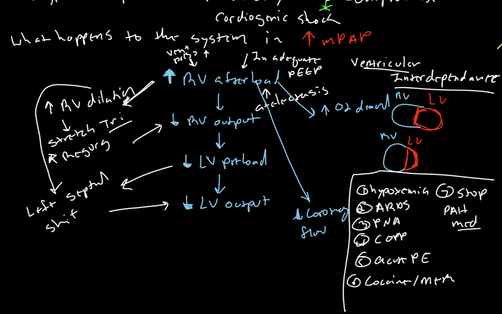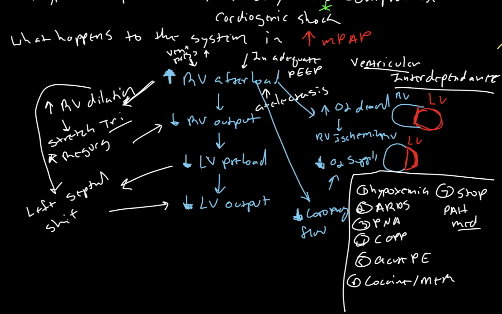So if we decrease our coronary flow, sorry, this is getting messy, coronary flow, and we have an increase in oxygen demand, we're going to end up with some ischemia. All right. And this is all a product of decreased O2 supply.